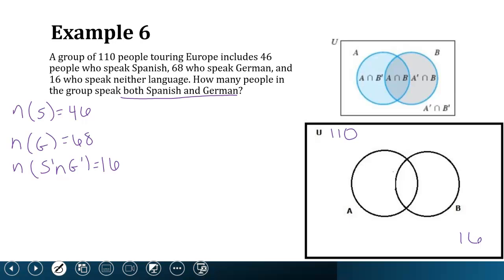If 16 speak neither, then the rest of them speak Spanish or German or both. So we have 110 total minus the 16, and that equals 94. So 94 people speak at least one of these. This total is 94.